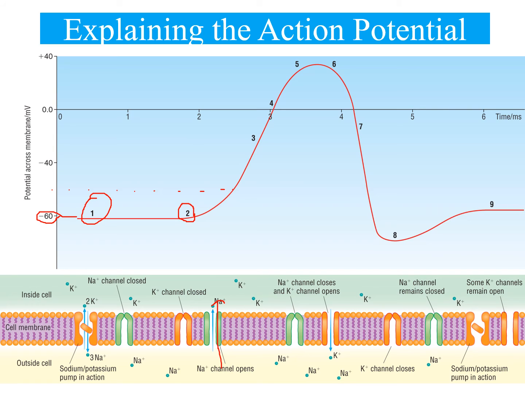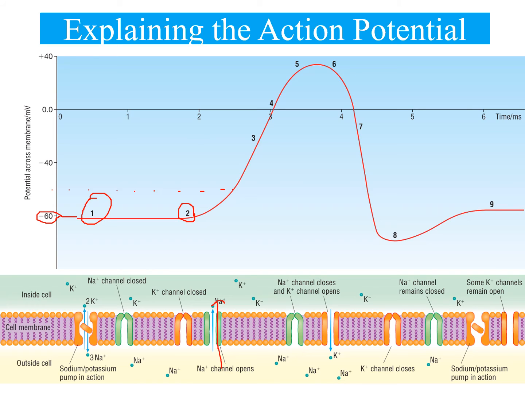If it didn't, it would just go up like that, stay level and go back to the resting potential. But in this case, enough sodium has rushed into the cell to reach that minus 50 threshold potential.